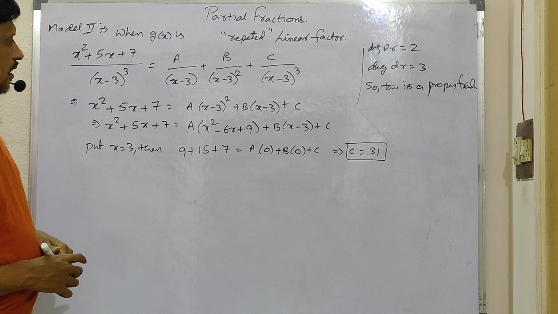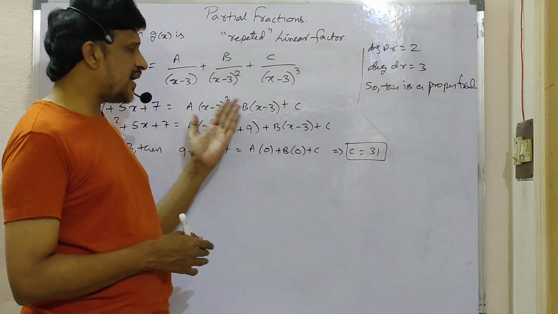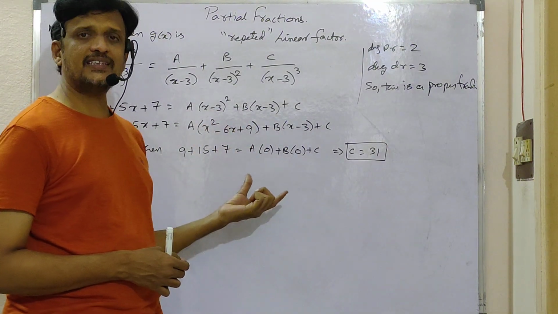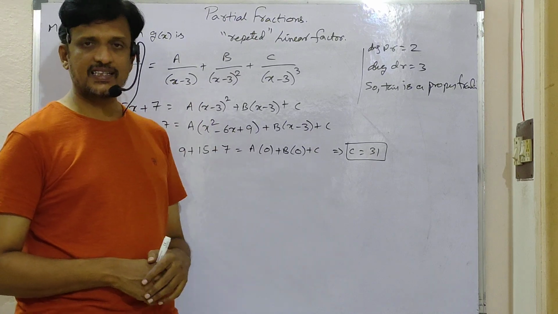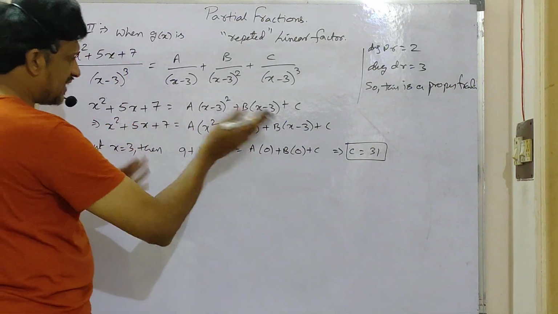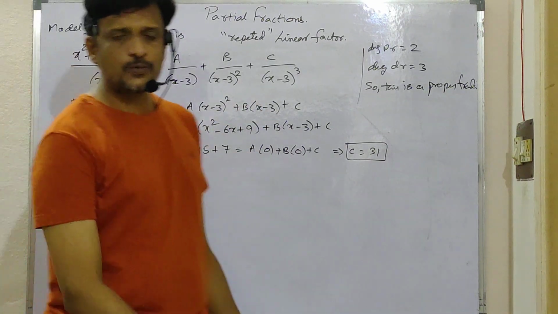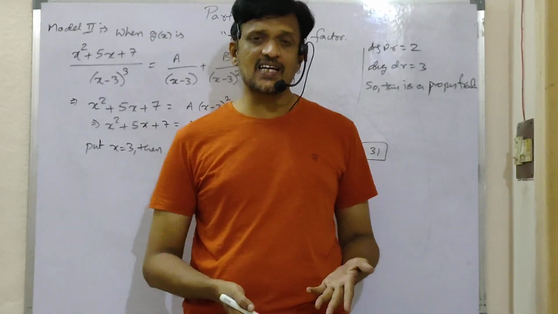Now, there is no chance of getting the remaining a and b values in the same way by substituting any value for x, because there is no common factor like that. These two are equal, which means on either side the same number of x square terms should be there, the number of x terms are equal, and the constants are equal.